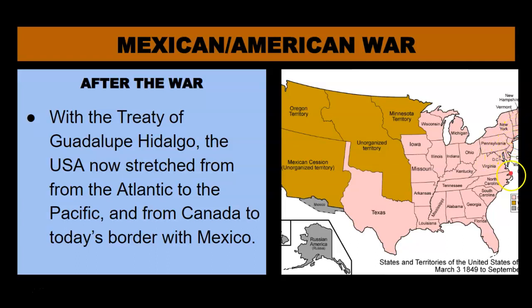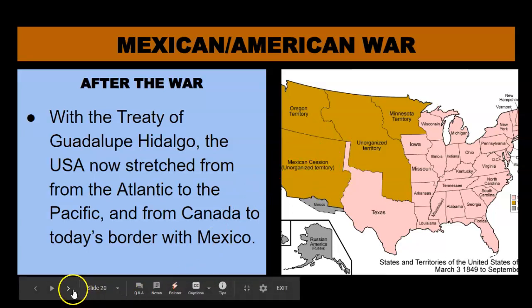The 13 original colonies pushed into the Ohio River Valley, and then the Louisiana Purchase, which gave us all this, and then the Mexican-American War, which gave us most of the land in the West. And so this war resulted in America achieving its goal of pretty much expanding all the way to the Pacific. Moving on.